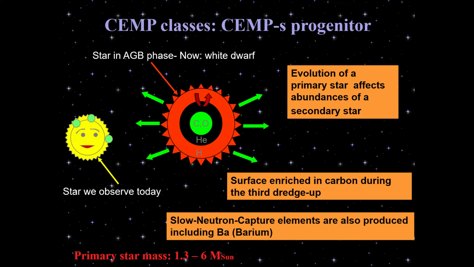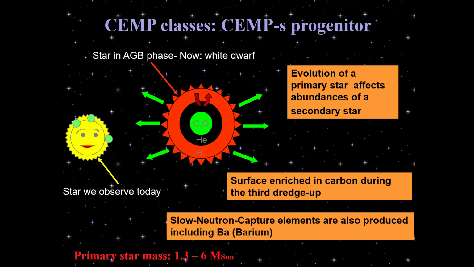Of course, there is carbon, oxygen, and the products of the slow neutron capture, like barium. Then through mass transfer, the secondary star gets polluted by these elements, and we observe this star today. There has been monitoring of radial velocities, long-term programs, and we now know that 85% of the CEMP-s stars are in binary systems.